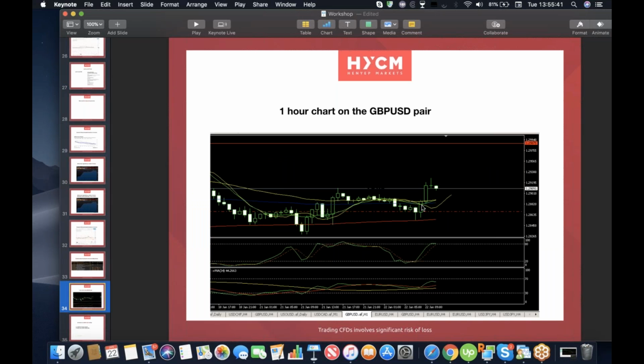The data is expected to be really good. And sure enough, the pound was bought into the data. Now, one of the things, a little tip with the pound, is that the pound's data is quite widely shared before it's released.